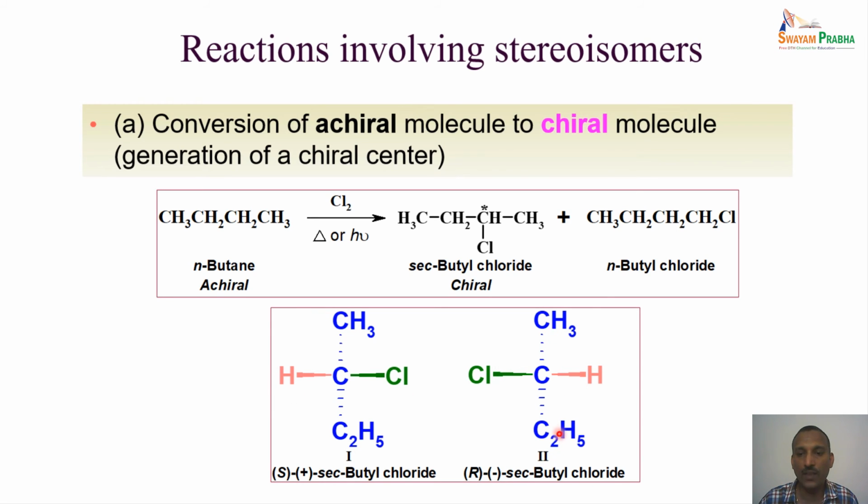And in the same way here, the chlorine has the highest priority, the ethyl group is at the bottom, and the methyl group is at the top. So this is in the counterclockwise direction, but the hydrogen is pointing towards the observer. Whenever the hydrogen, the least priority group, is pointing towards the observer, whatever the clockwise or anticlockwise rotation is will lead to the opposite configuration.